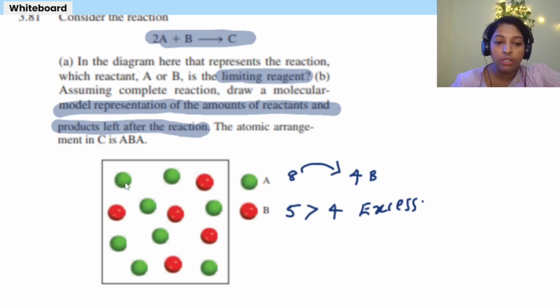Or you can simply draw the diagram, like see 2A and 1B form 1C. So this is the molecular diagram. The second question is about drawing the molecular diagram.